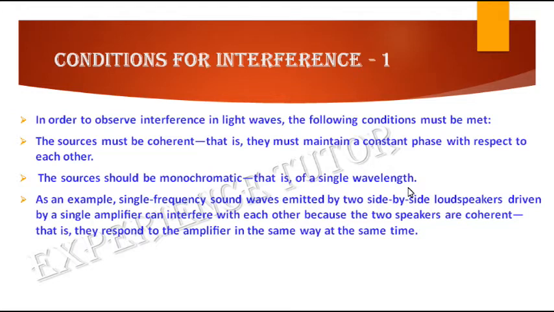As an example, single-frequency sound waves emitted by two side-by-side loudspeakers driven by a single amplifier can interfere with each other because the two speakers are coherent. That is, they respond to the amplifier in the same way at the same time.